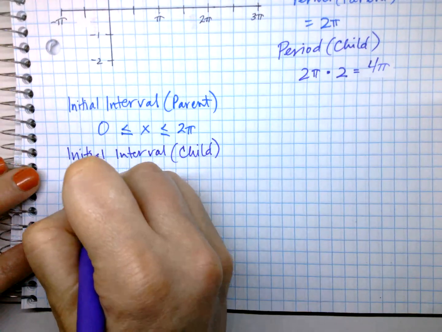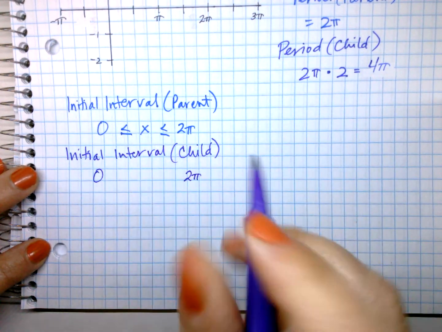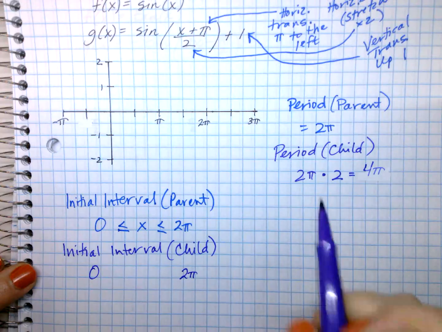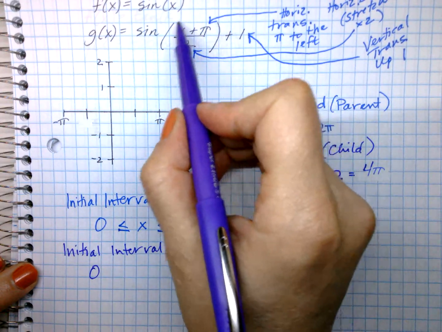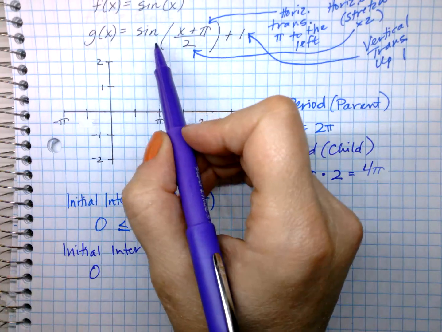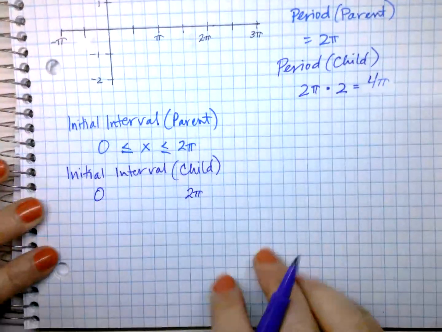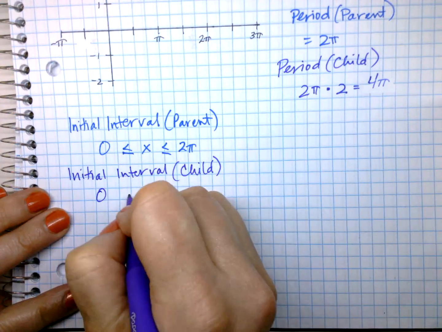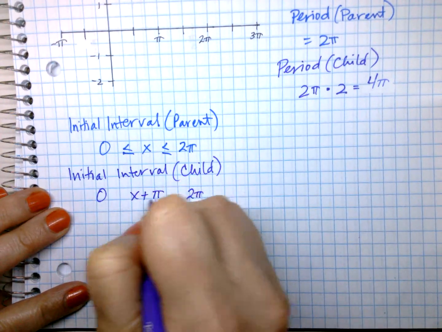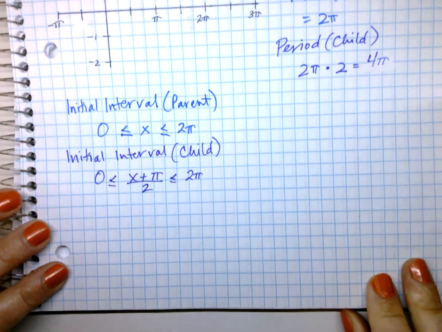So that's 0 and 2 pi. But instead of putting just plain old x in the middle, I'm going to go back to our equation up here and write the expression that the sine was being applied to. So down here, I'm going to write x plus pi divided by 2 and fill that in for this initial interval.